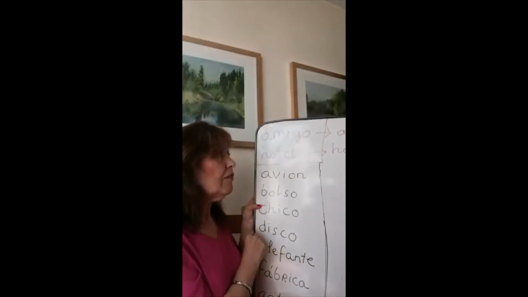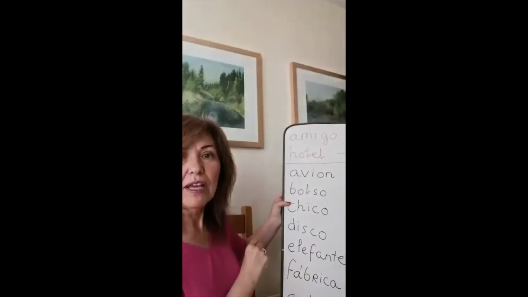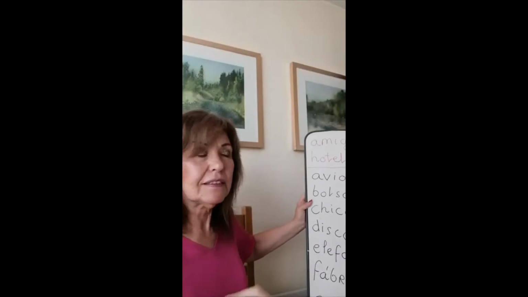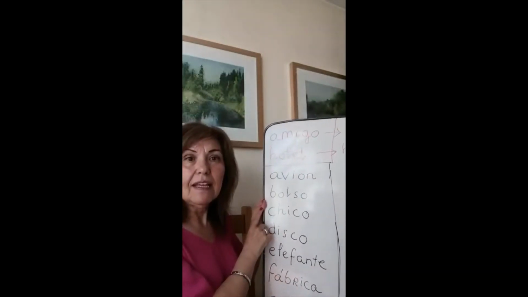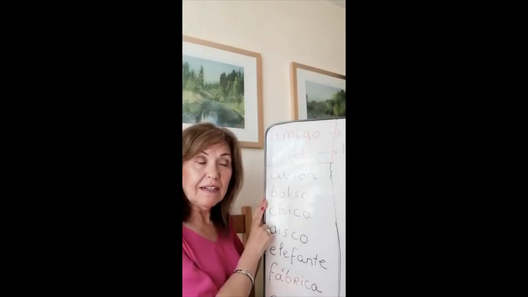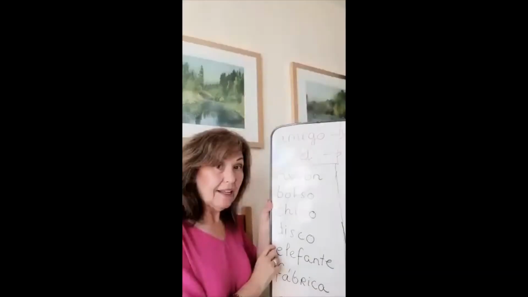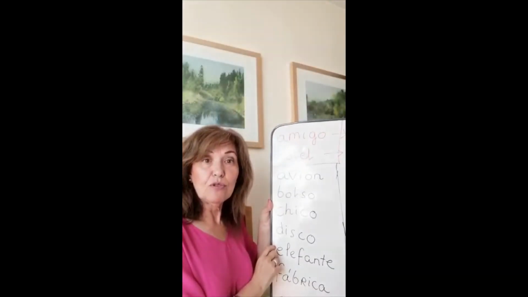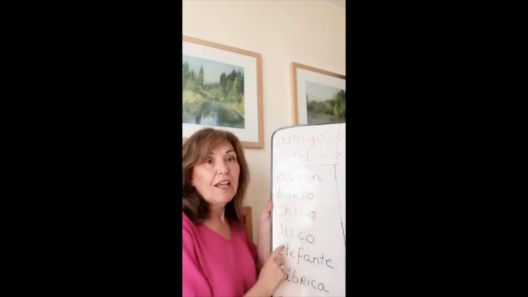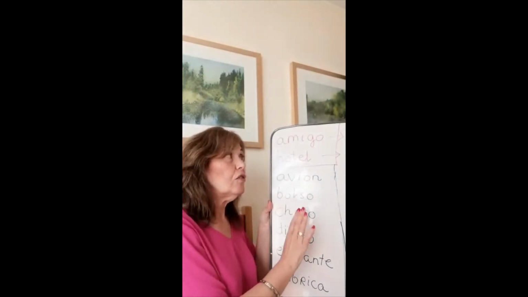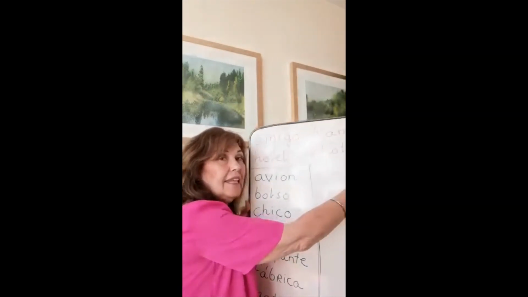Now, if the word ends in a consonant, for example, a word that we have here that ends in a consonant that you know very well as well is the word hotel. Remember, the H is not pronounced, so it's not hotel, it's hotel. Now, if you want to pluralize that, two hotels, now the word ends in a consonant, so not only in English you add an S, but in Spanish you have to add an ES.